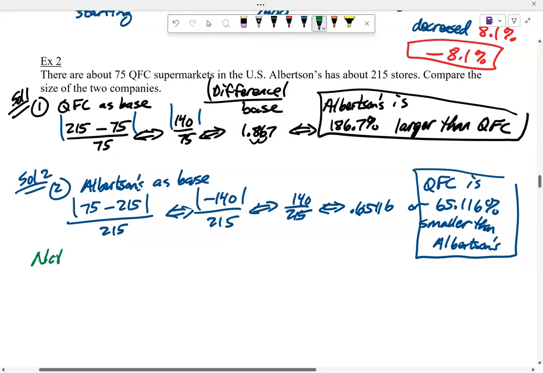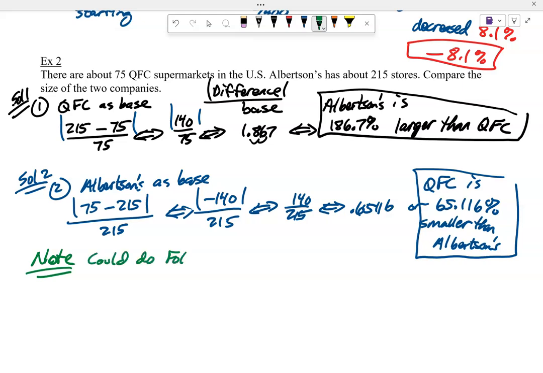What you note, either of those two could be the solutions for that one, you guys, but let's note a couple other comparisons as well. You could do, there's 215 Albertsons, you could make this just a straight ratio compared to 75 QFC stores, which would be 2.867.